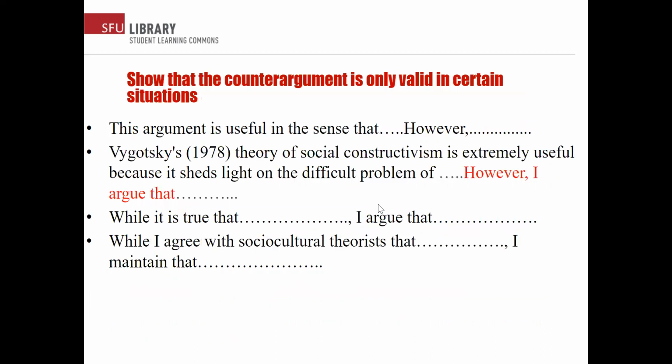But when you want to show that the counterclaim is valid, but in a certain situation, then you can use one of these templates. This argument, which refers to the counter argument, whatever it is, is useful in the sense that, however, Vygotsky's theory of social constructivism is extremely useful because it sheds light on different problems of X and Y. However, I argue that.